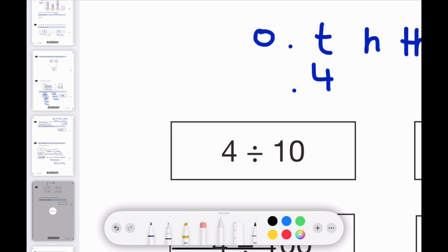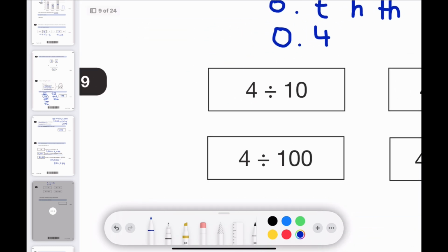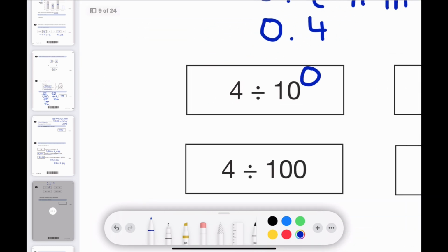So let's move it to the right. So our answer to this is 0.4.